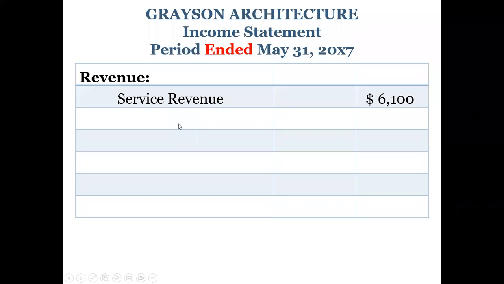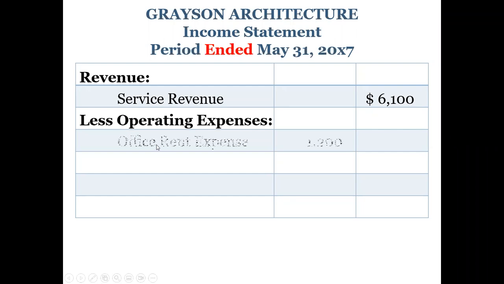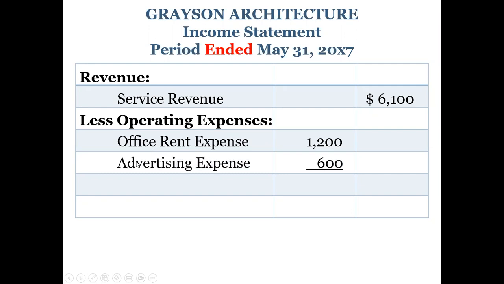Then out of this revenue, we are going to take our operating expenses. What are the operating expenses that we have in this question? We have office rent of 1.2 and advertising expense of 600. So notice, guys, our total expenses is 1.8. The theory says the difference between revenue and expenses is going to be our net income or our net loss.